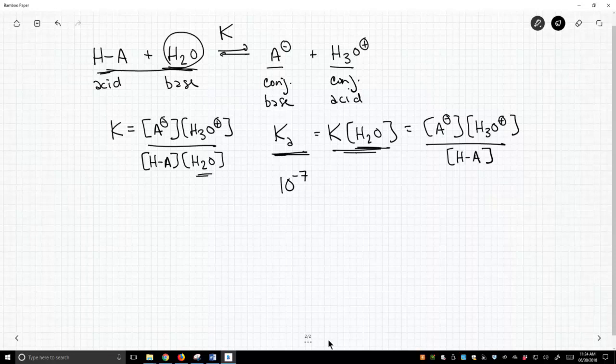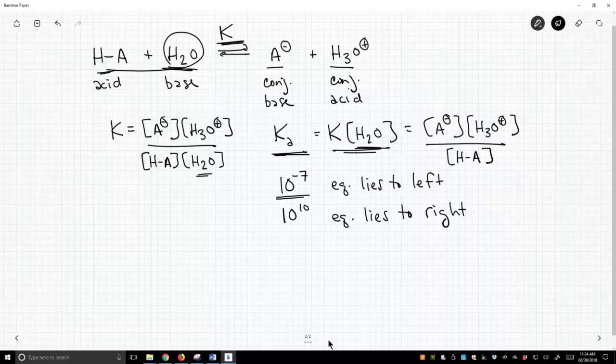So the equilibrium lies to the left. And you could also have a value for K that could be 10 to the 10th. So 10 to the 10th is a very large number, so our K value is huge. And this would be a case where the equilibrium lies really far to the right.